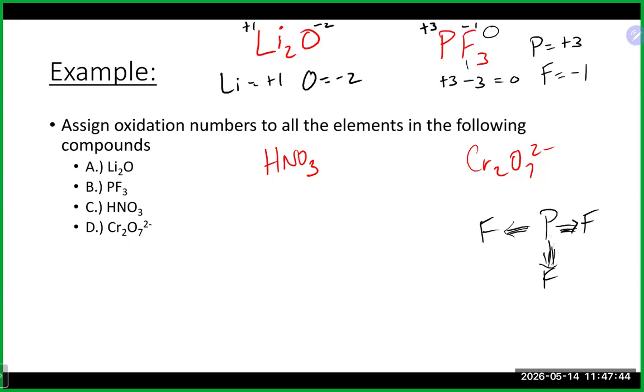And as those electrons migrate towards the fluorine, that's going to make the phosphorus more and more positive as the electrons are moving away from it. And that's why in sharing electrons here, it actually becomes a +3 oxidation state rather than the normal -3 when it is the recipient of the electrons coming in an ionic compound from a metal.